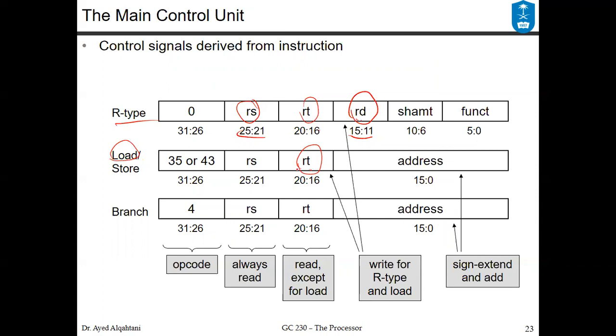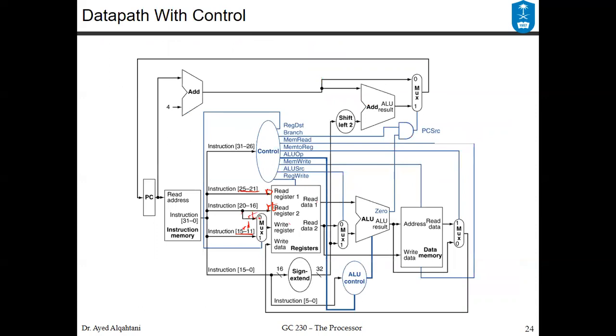So the RT is going to be your destination. And this is why we have it this way. So we check this line right there. To choose which one is the destination, is it RT or RD, you need a control line, which we call the register destination, that goes from the control based on what kind of instruction you have. So you get the instruction code, and based on that, you generate this control.